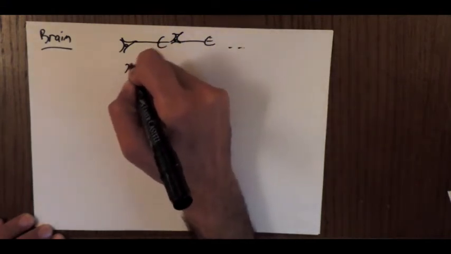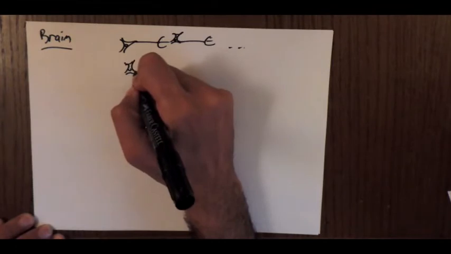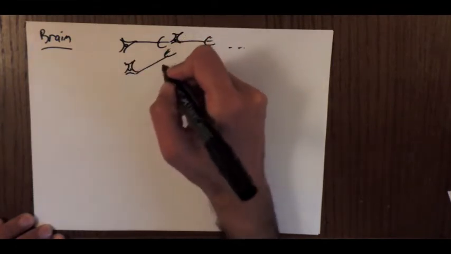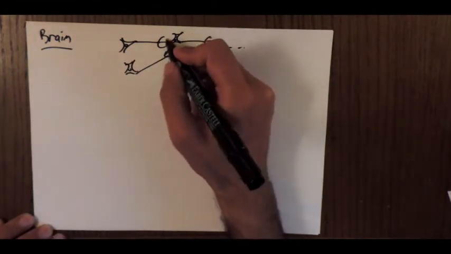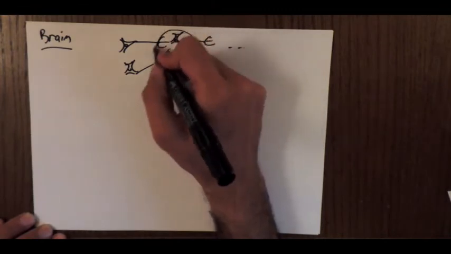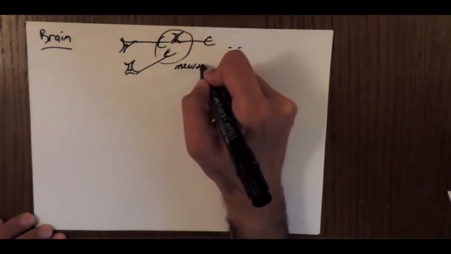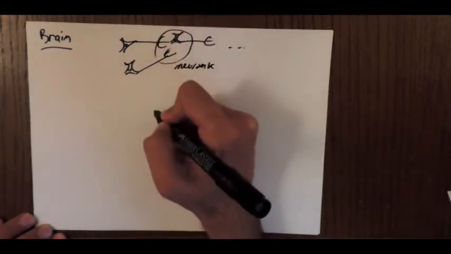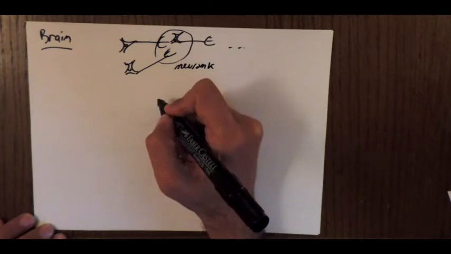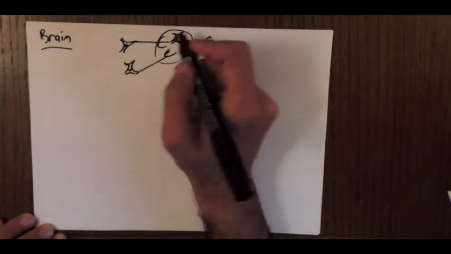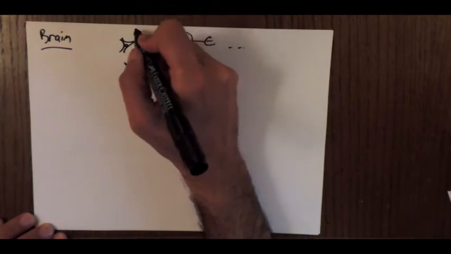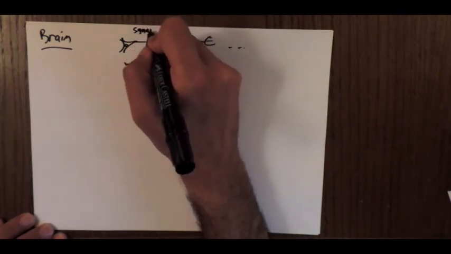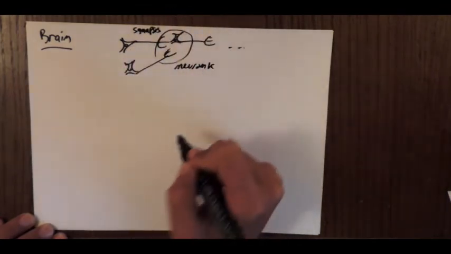We have many neurons that are connected to a single neuron. So let's say we have this neuron K, and it's taking input from many other neurons. These neurons are connected with each other using a synapse, which we're going to discuss shortly.